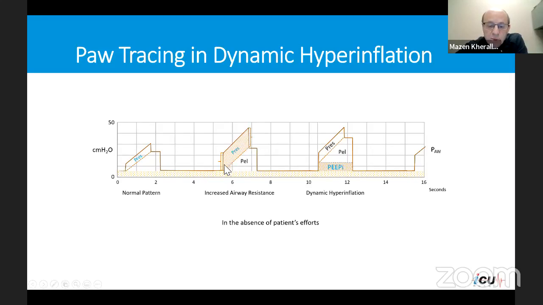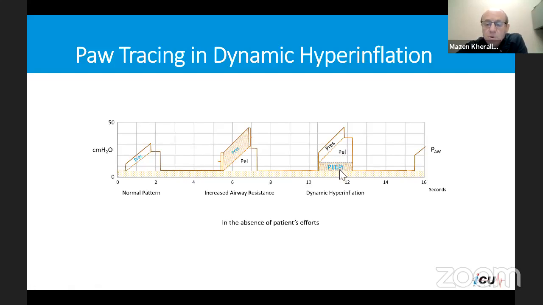And everything here represents the increased airway resistance, that pressure is required throughout the inspiratory flow time to overcome the airway resistance. Of course, once we hold the breath in the plateau phase, at that time, we don't need the inspiratory pressure anymore, and the plateau pressure is all that's required to overcome the chest and lung elastance.